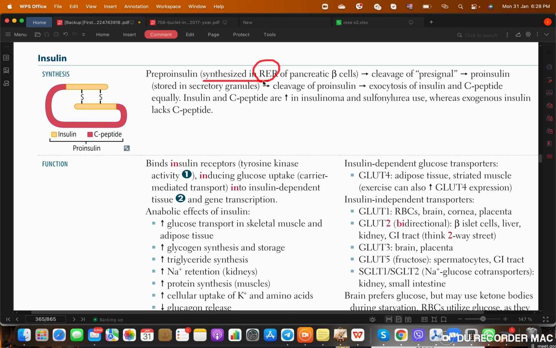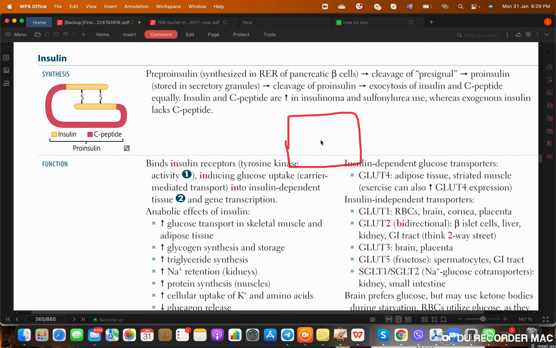Of the pancreatic beta cells. So cleavage of the pre signal creates the proinsulin. It kicks out the pre, so we have a proinsulin, which is stored in secretory granules. And this proinsulin is ready inside of the cell for the release.